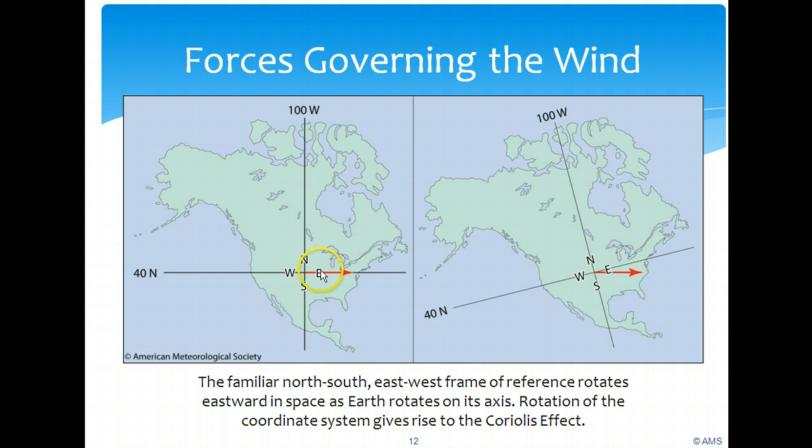However, because of the rotating Earth and the axis on which the Earth rotates, if we tried to throw a ball from Omaha to Washington, it would end up somewhere in North Carolina because of the Coriolis effect, or the movement of the object to its right in the northern hemisphere.